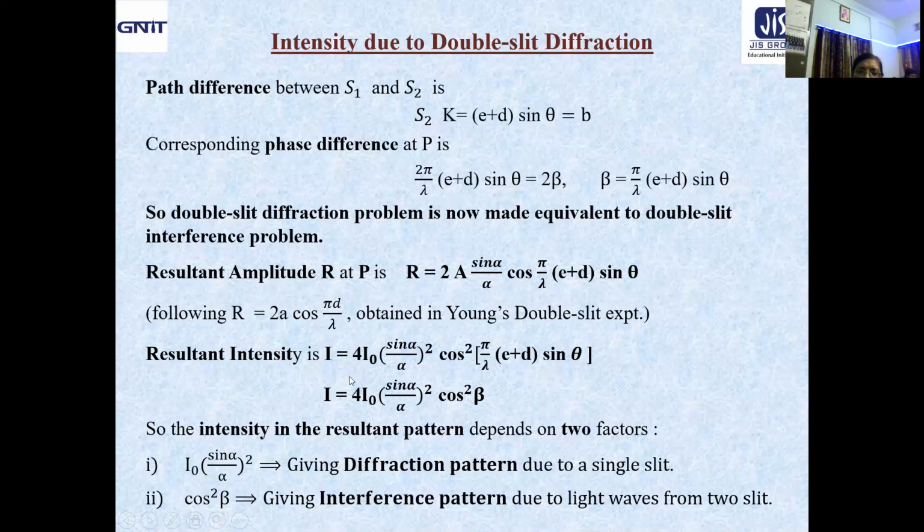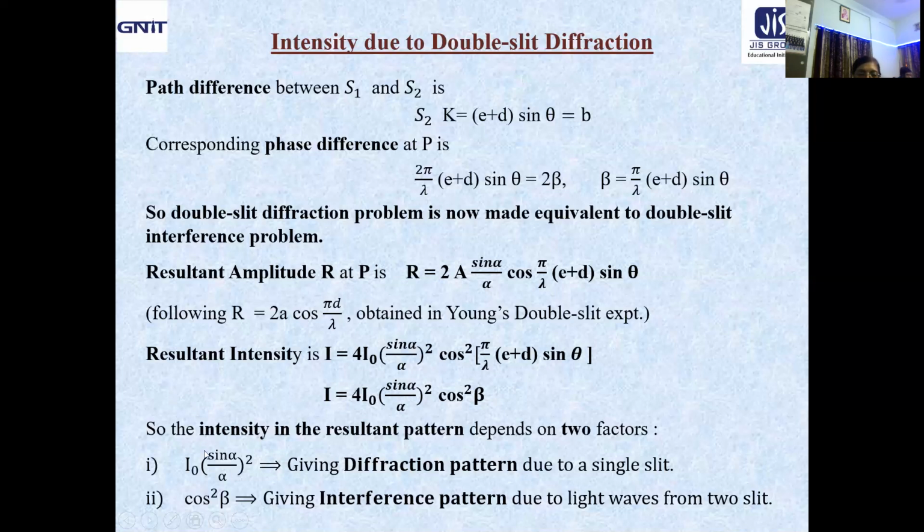So look here. This is the intensity due to the double slit diffraction: 4I0 sine squared alpha by alpha squared cos squared beta. I hope you are understanding the difference between the single slit diffraction intensity and the double slit diffraction intensity. First, a factor of 4 is arising, and second, the factor in the form of parameter beta is also arising, which was not present in single slit diffraction.